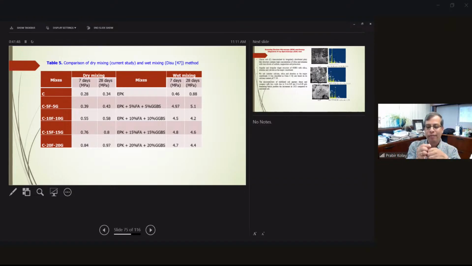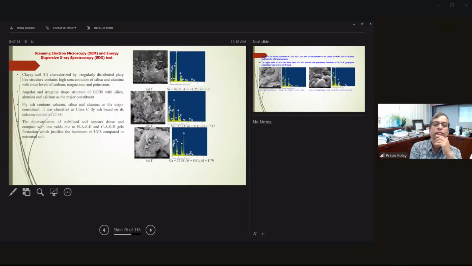Maybe here the sodium hydroxide and sodium silicate is not reacted or not mixed properly with the soil. That's the reason maybe in the dry mixing method the strength is much lower for the exact same combinations of the soils. Although we compared with EPK clay, this is the normal clay, just for the comparison.